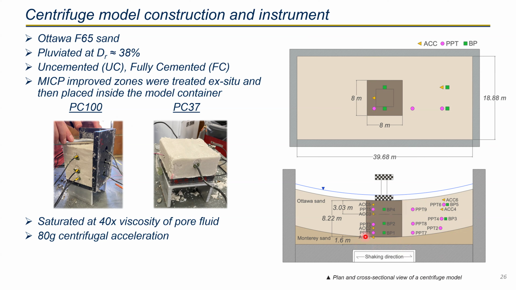So the MICP block is from the dense layer to the top of the soil surface. But for the PC37 model, we treated the MICP up to 37% of the liquefiable layer. So in this case, this MICP block is placed on the loose layer.